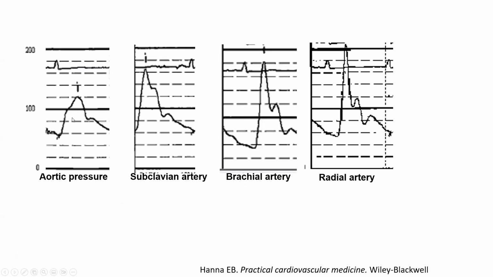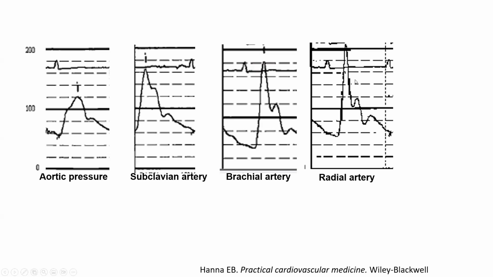So in AI, you get a dramatic peripheral systolic amplification of pressure between the aorta and the brachial and radial artery. And this is the result of the big initial stroke volume wave of AI hitting the thicker and less compliant peripheral arteries, which causes that big spike in pressure in the peripheral arteries. This is what we call the Hill sign.